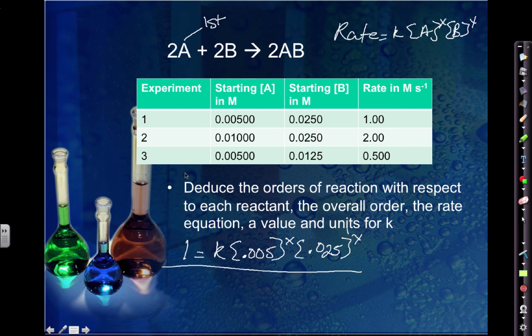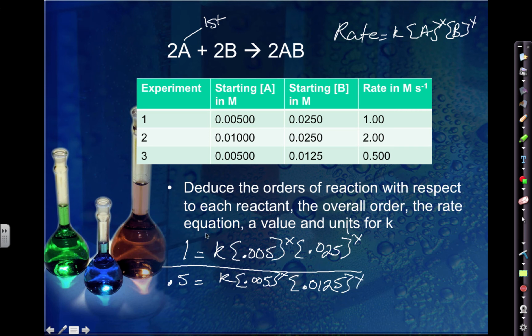Divide that by experiment 3, 0.5 is equal to K, multiplied by the concentration of A to the X power, or I could put 1 in since I know what that is now, it doesn't matter. 0.0125 to the Y power.